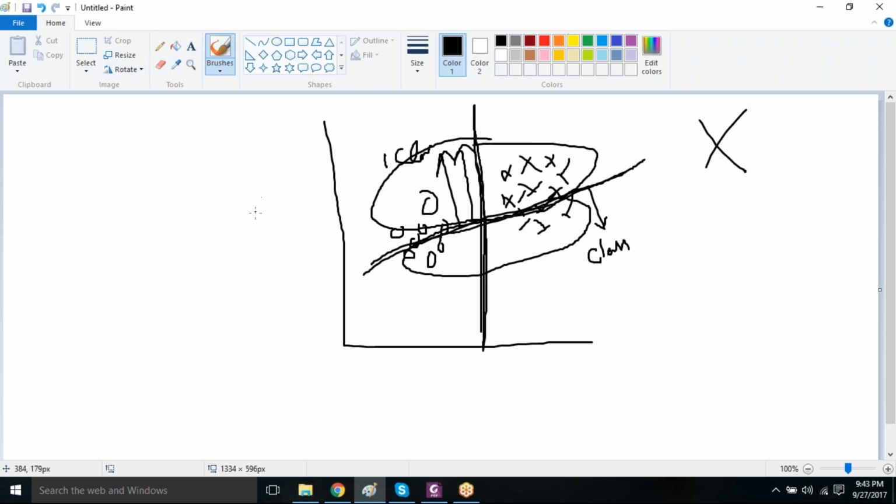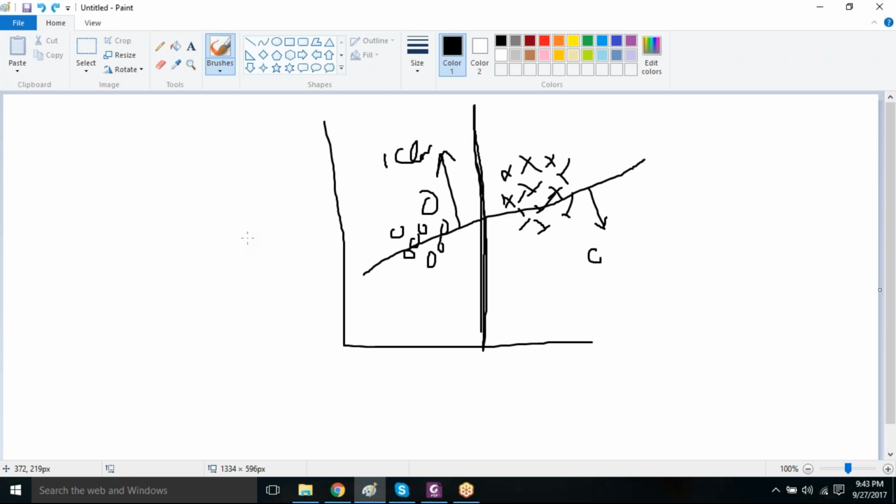So this didn't work. Then the mathematicians came to the conclusion that no, this won't work.